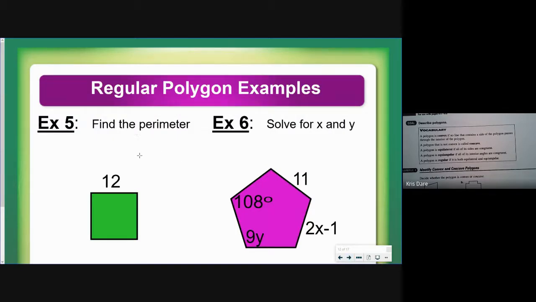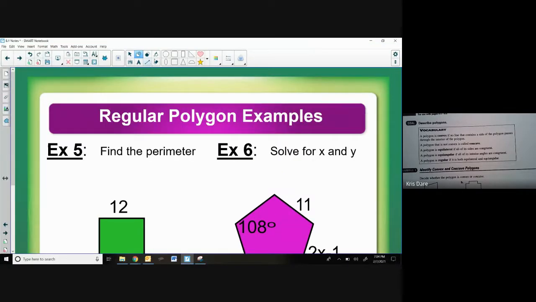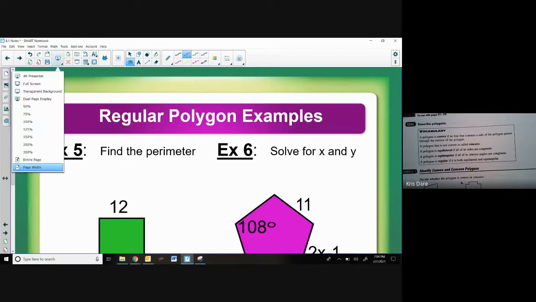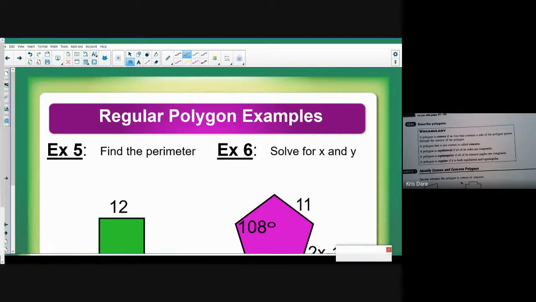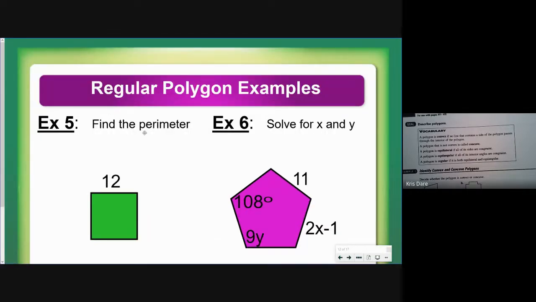Okay. If it's regular, that means all the sides are the same. It says right here, these polygons are regular. So even though it doesn't say so, regular means it's equilateral.